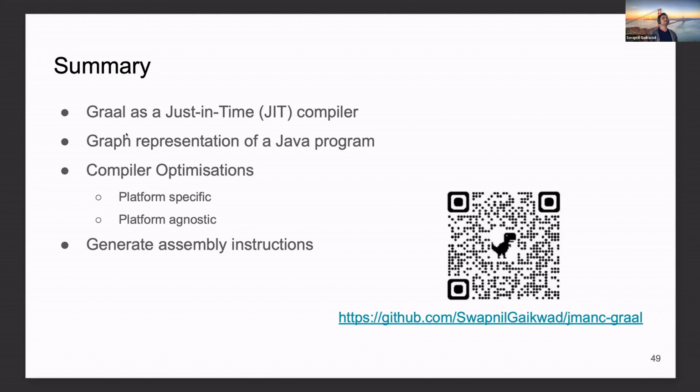And we looked at some platform-specific optimizations, such as the one using match rules, so instead of emitting left shift and add separately, we emitted only one instruction. And some platform-agnostic ones where we replace the multiplication with left shift, and how Graal generates the assembly instruction.